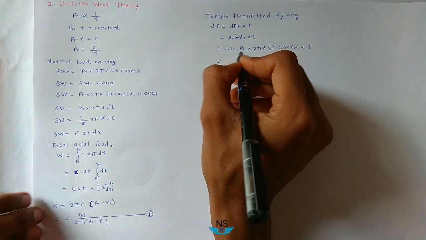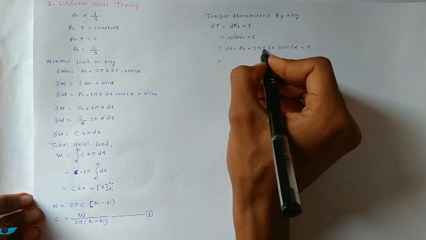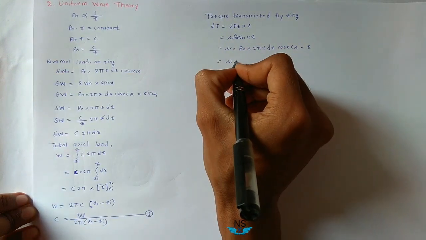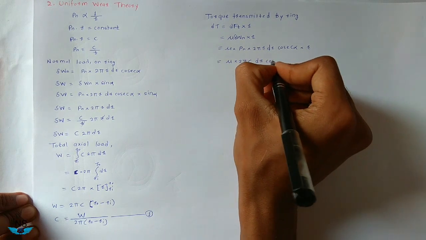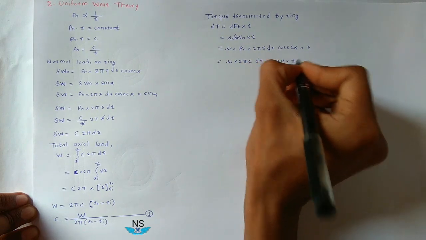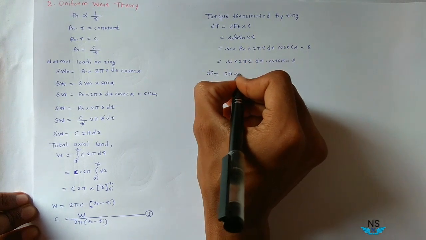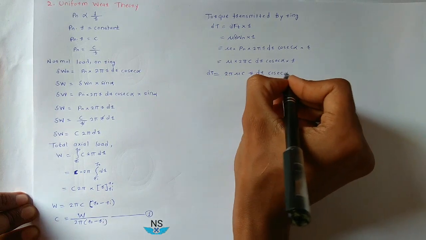Now this Pn into r is nothing but C. So mu into 2 pi C dr cosec alpha into r. So dT is equal to 2 pi mu C r dr cosec alpha.